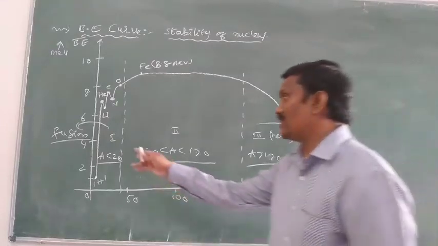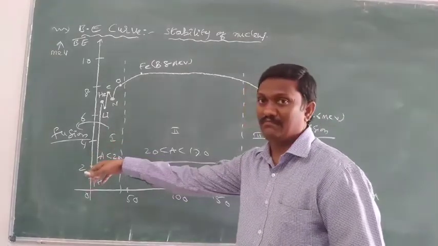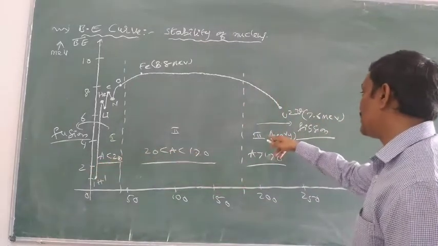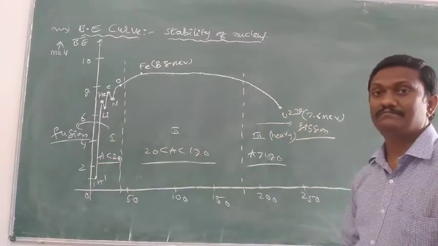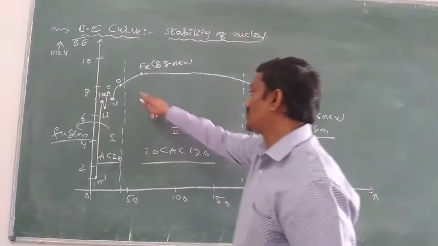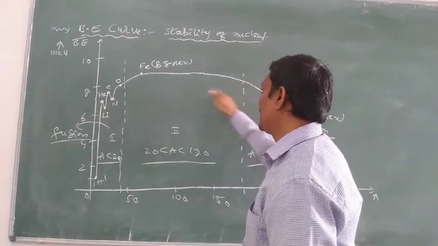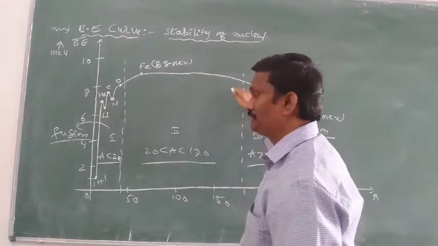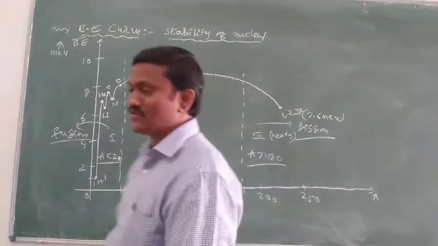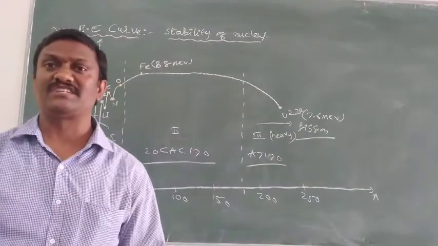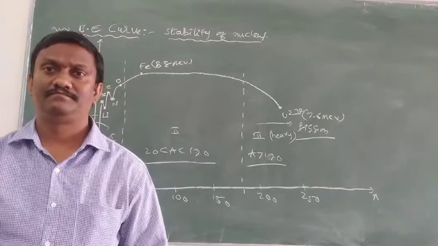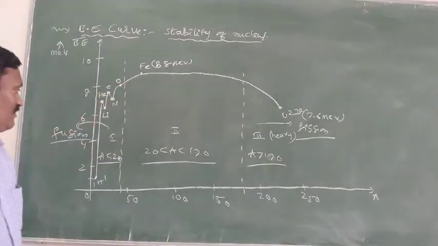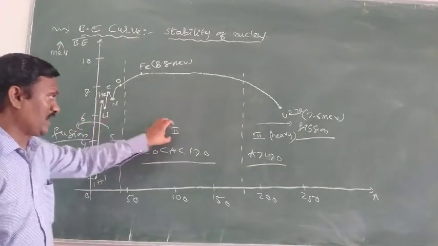So lighter elements undergo nuclear fusion. Very heavy elements always undergo nuclear fission. But middle elements are almost stable. The binding energy curve is almost flat, which means those elements are very stable. In this way, the stability varies from one region to another.